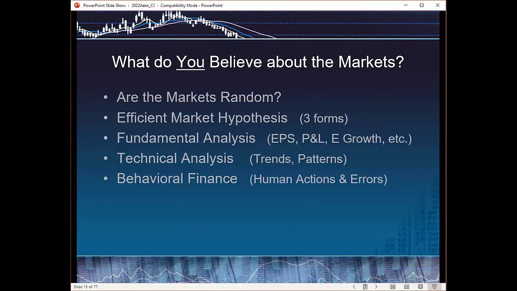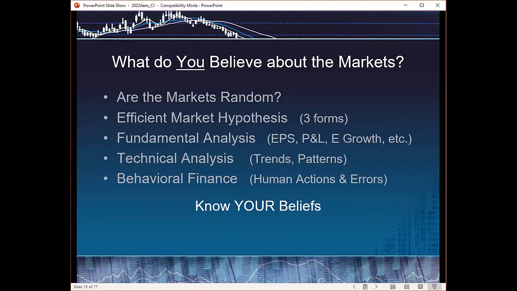And then 5th, I have behavioral finance, which is kind of a newer field, but it's really looking at certain behaviors where people make consistent errors in financial decisions. That's a whole other field of study. The key is to know your own beliefs about these different things and about the behaviors of the markets.